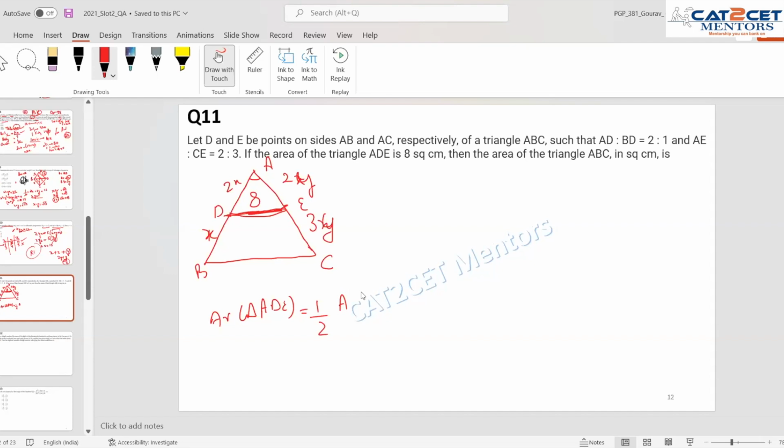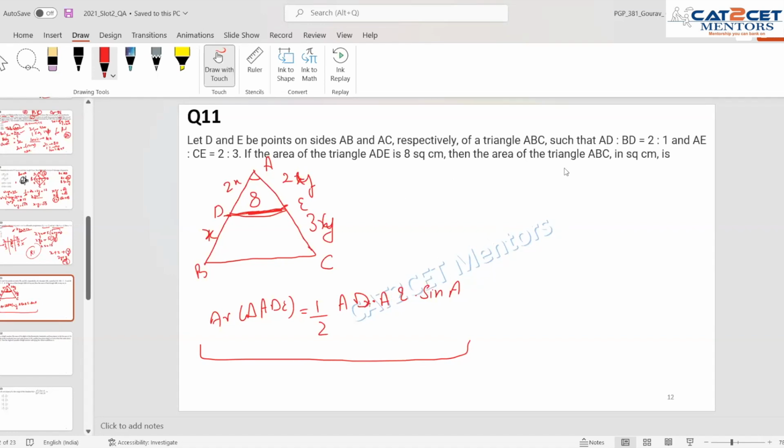Yes, this formula. So half of AD into AE times sine of A. Okay? We'll be using this formula. Great, many of you already know this. So let's proceed with this formula.